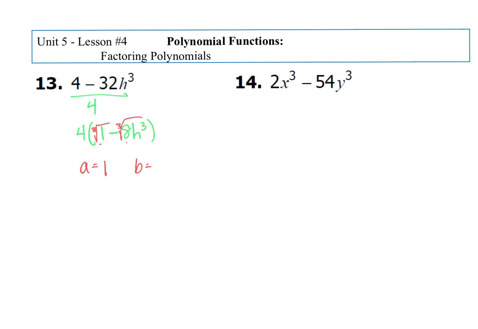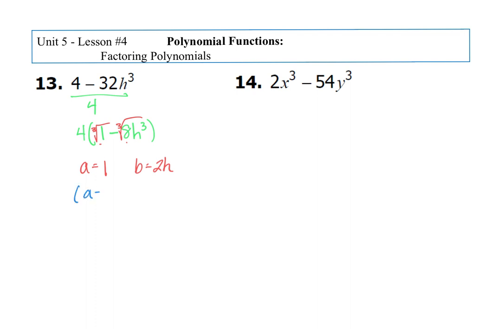The cube root of 8h cubed is 2h. Again, why am I cube rooting these? Because these are cubes, and when we factor, we go back to the original value. So cube roots undo perfect cubes.